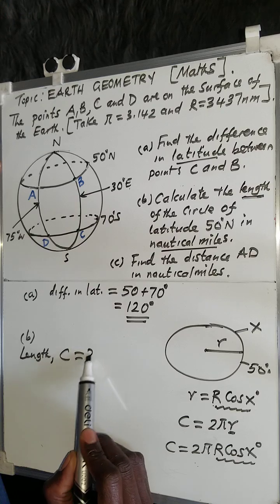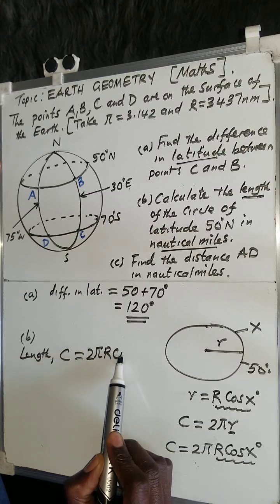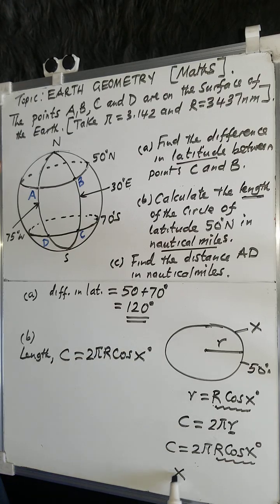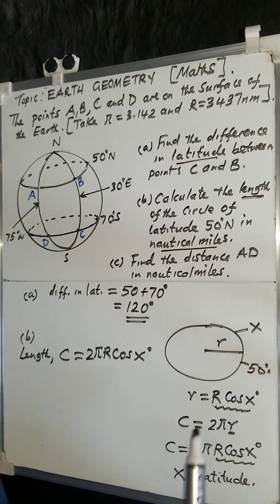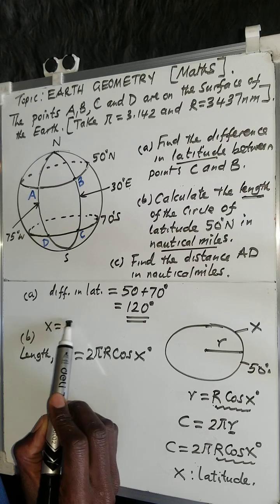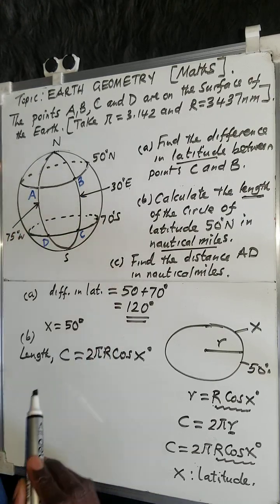Just go directly and remember the formula: 2 pi the radius of the Earth, then cos of x degrees. That x, in this case, is representing the latitude that you want to calculate. In this case, our latitude that we want to calculate is simply 50 degrees. That's the length that we want to find.